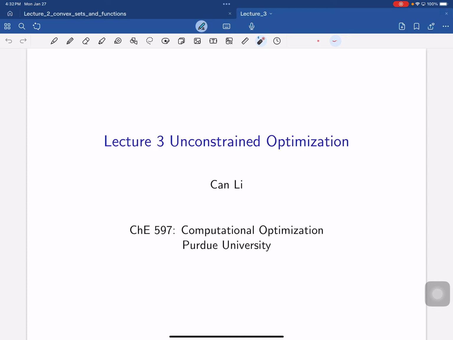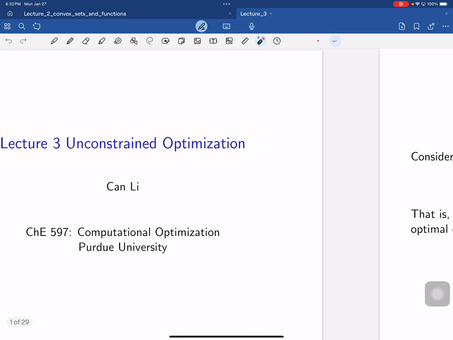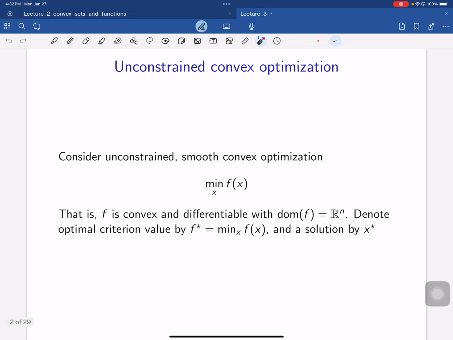Okay, so since last lecture, we already understand the properties of convex functions. It is straightforward to design an algorithm that solves a problem with the objective as a convex function. Let's assume minimize over x, f of x. f is convex and differentiable, where the domain of f is assumed to be R^n, meaning that there are no constraints in this problem.